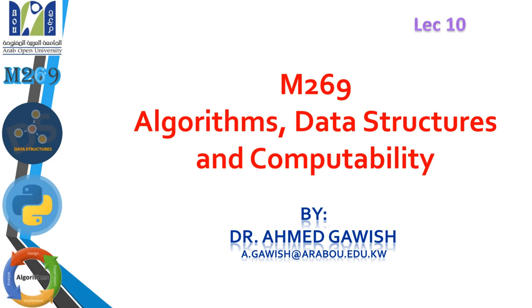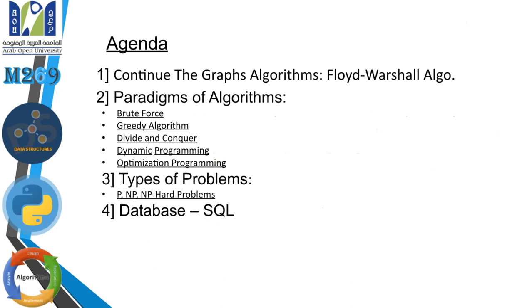So today we're going to continue what we started in our previous class, talking about graph algorithms. We have already explored different algorithms for representing graphs and for traversing them, and one of them, the one we used at the end of our last class, was the Dijkstra algorithm for traversing all the nodes in the graph.